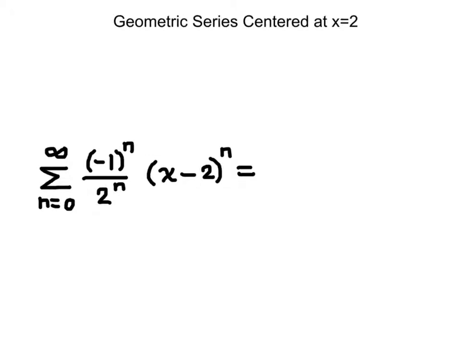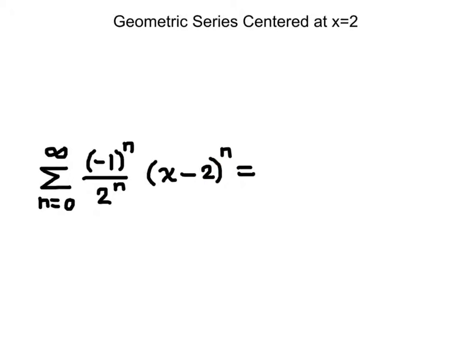And so what is this? The first term, n is 0, so -1 to the 0 is 1, and 2 to the 0 is 1, so this is a 1. And then we have x minus 2 raised to the 0, which is also 1.